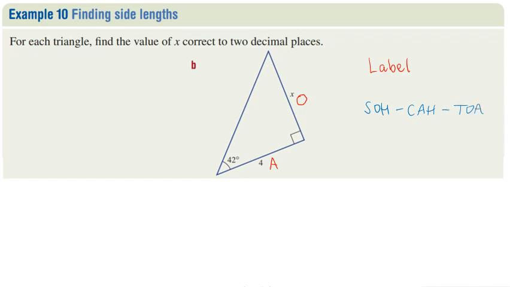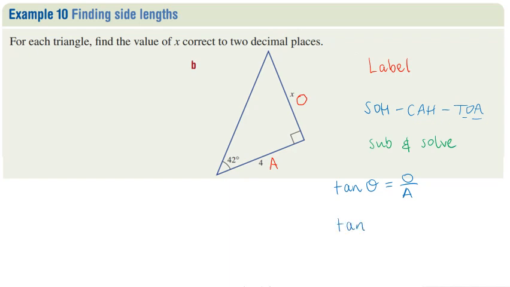So I've got O and A. So I'm going to use tan. So I write out tan, the trig ratio, which is O over A. And my last step is I substitute in and then solve.